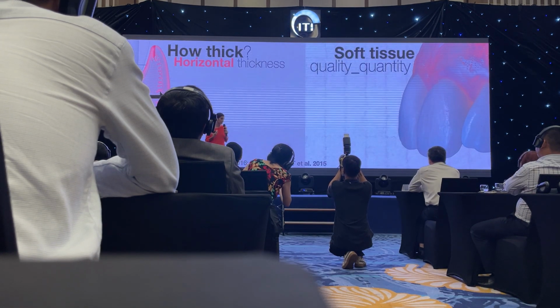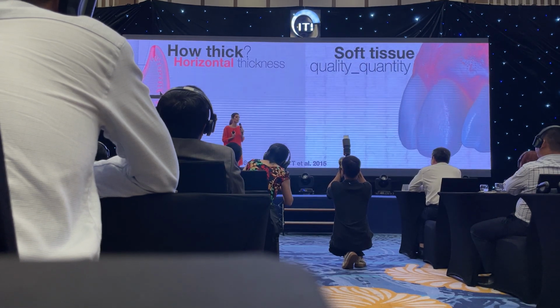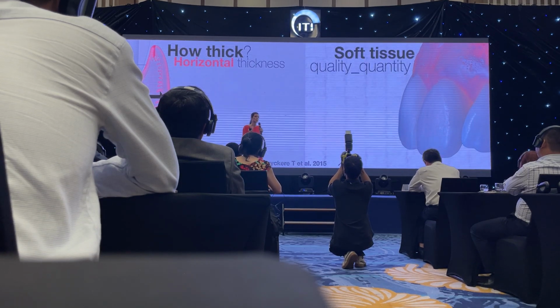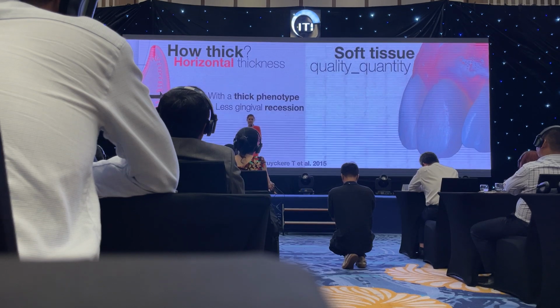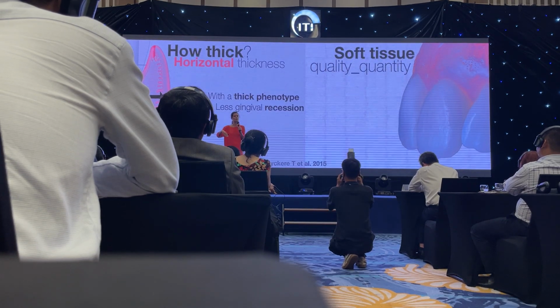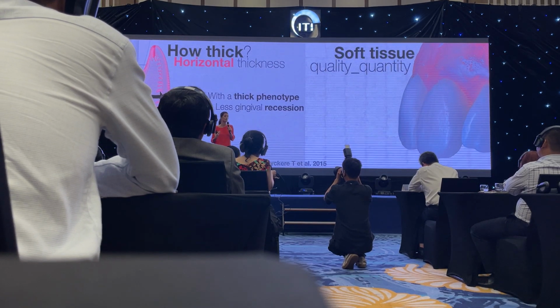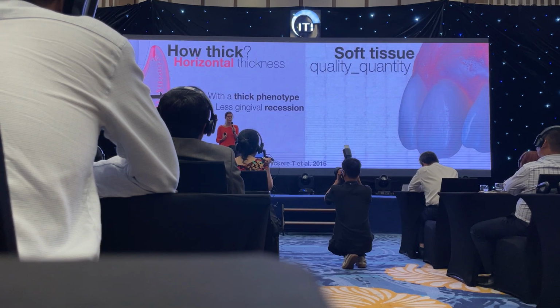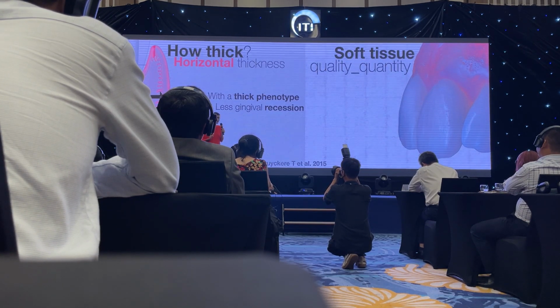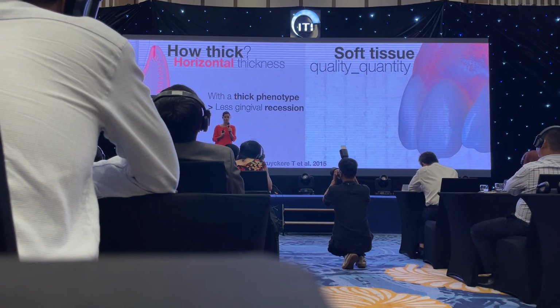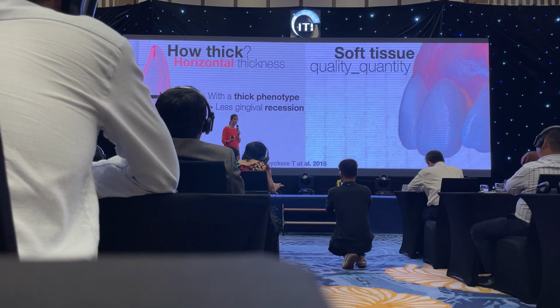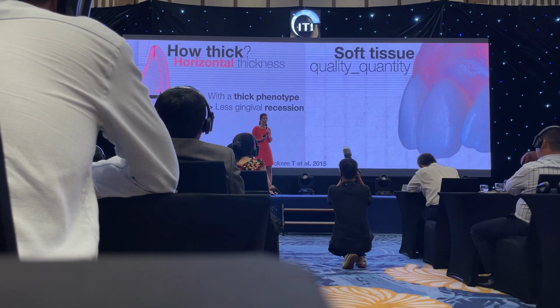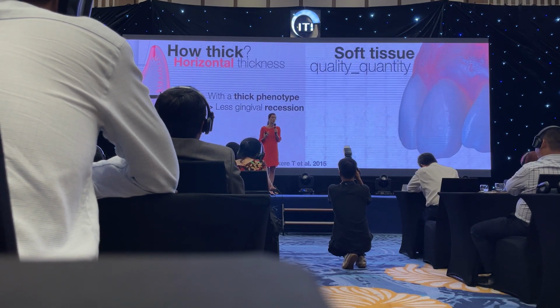The third concept is the horizontal thickness of the soft tissues. And here this relates more to aesthetics. There is now clear evidence and lots of publications from a group from Belgium, from the University of Ghent, and they clearly emphasize that with a thick soft tissue phenotype, you have less gingival recession. So what do we do when we have a thin phenotype, a thin tissue?